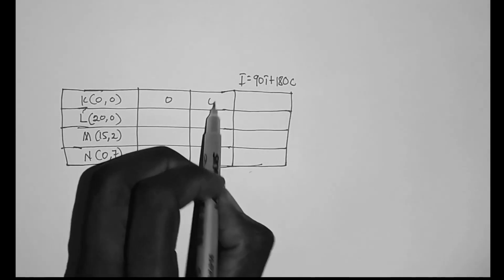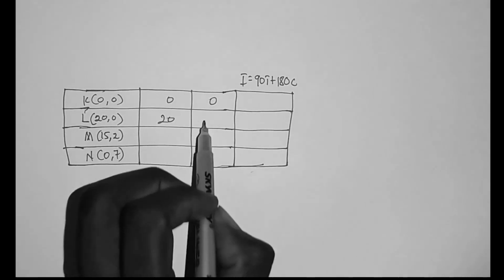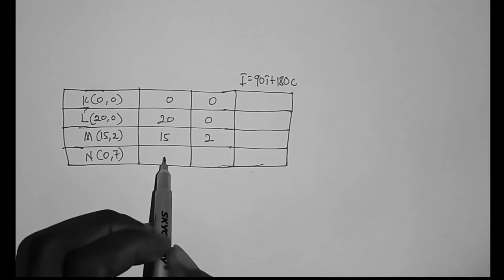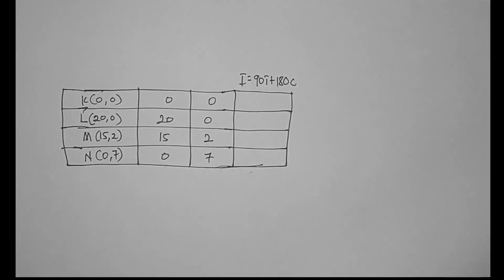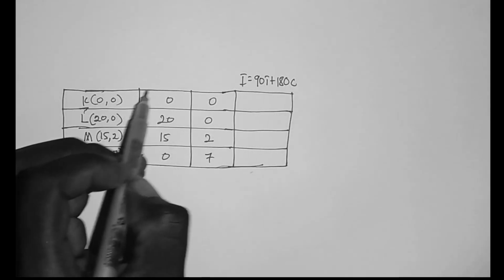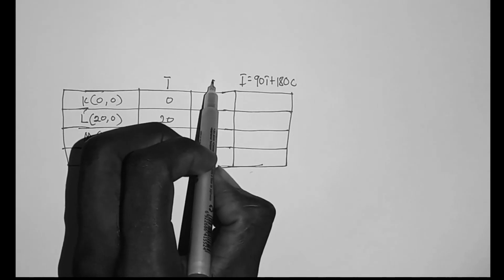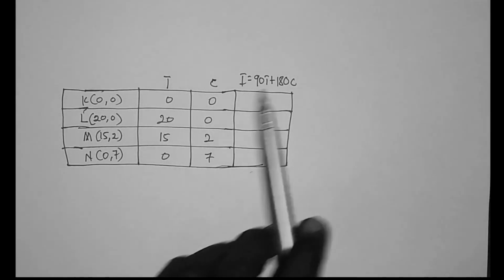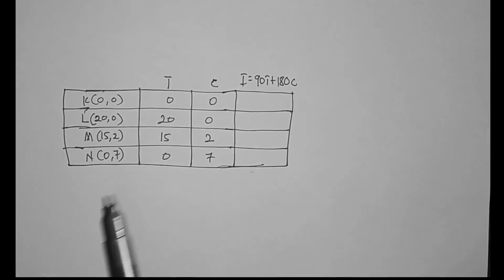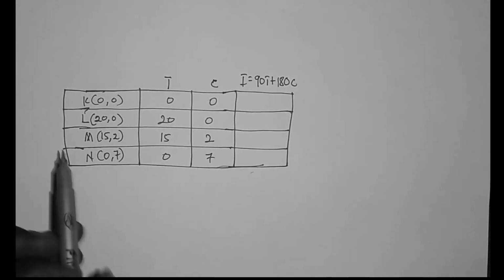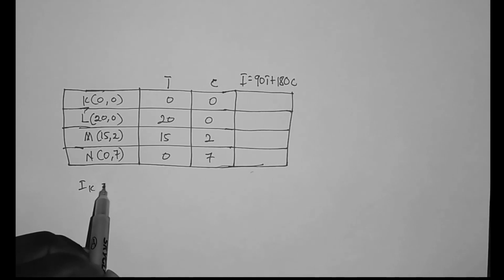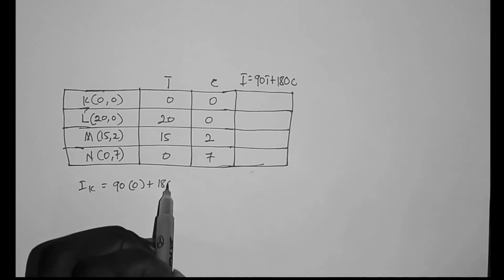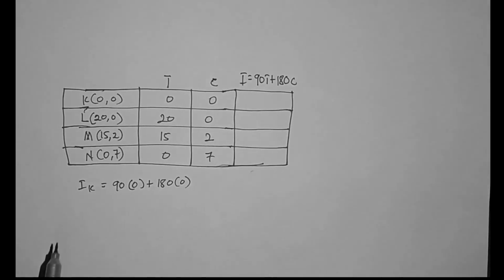So 0, 0, 20, 0, 15, 2, and 0, 7. These are the T values, and these are the C values. So for I, we take 0, 0 and put it in I. So I of K equals 90 times 0 plus 180 times 0. That will give us 0.